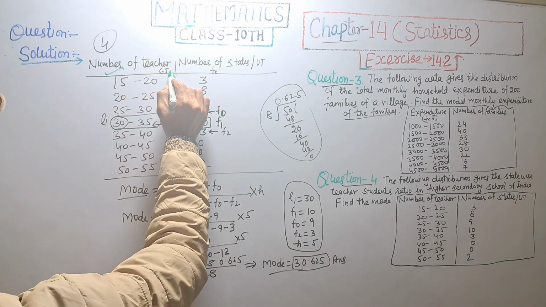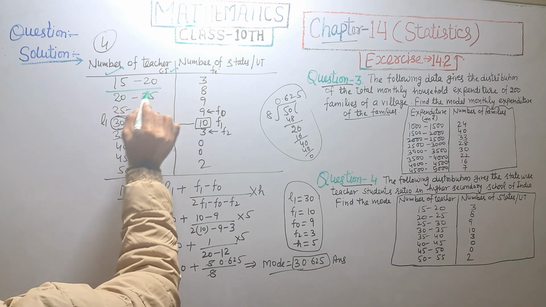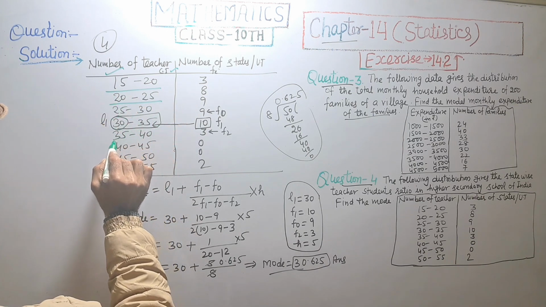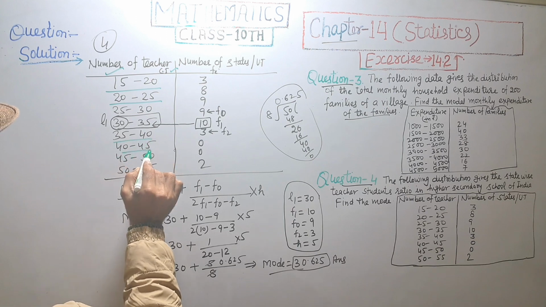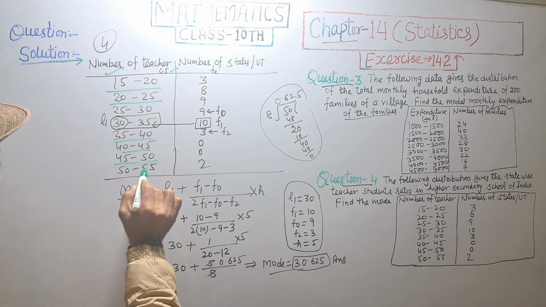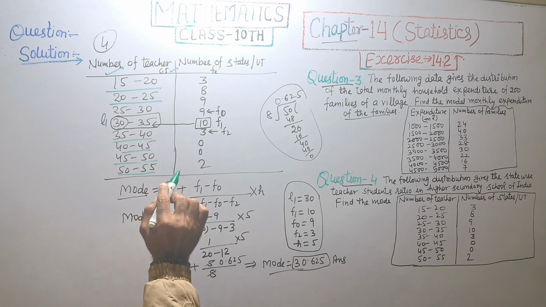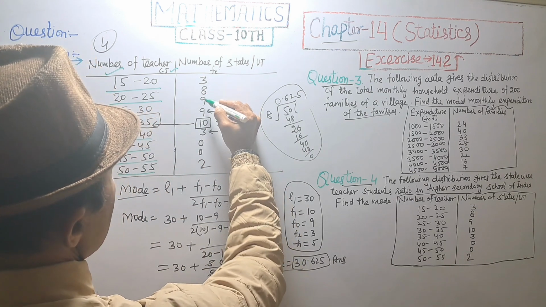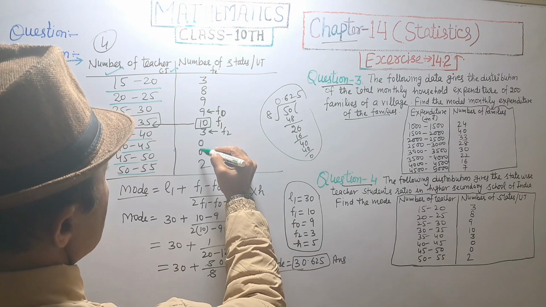Number of teachers class intervals are 15 to 20, 20 to 25, 25 to 30, 30 to 35, 35 to 40, 40 to 45, 45 to 50 and 50 to 55. And frequencies are 3, 8, 9, 9, 10, 3, 0, 0, 2.